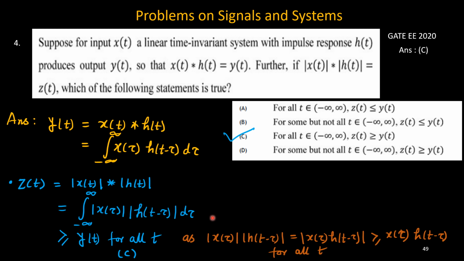And you can see both functions are mod, but here in above y of t, x of tau, h of t minus tau, there's no mod sign given. Meaning that this mod is always positive, same magnitude but positive. Here also sometimes the signal can be positive and negative, but in this case always positive.